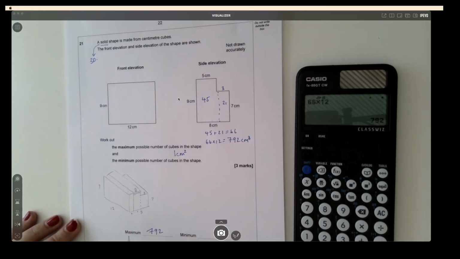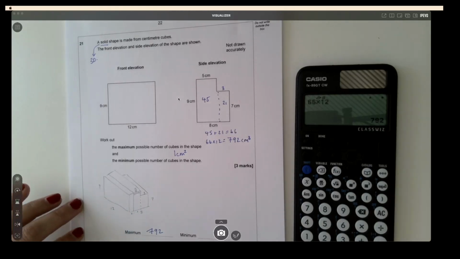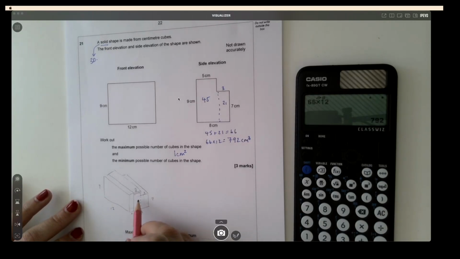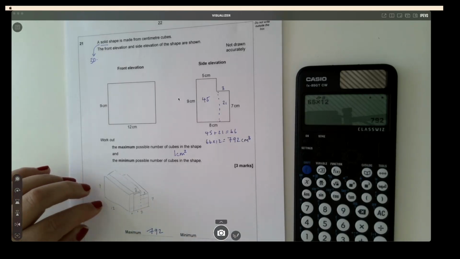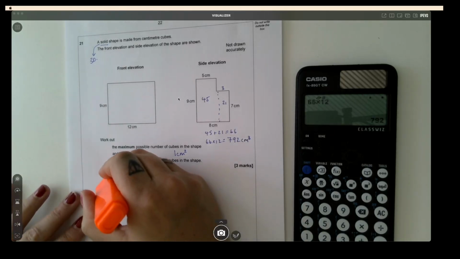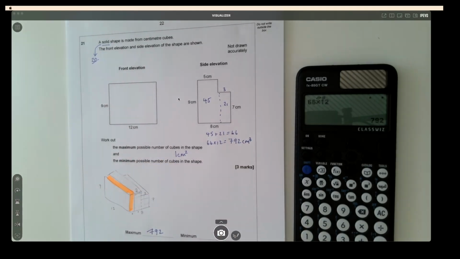Okay, lovely. So I'm just going to work out how many 1 centimetre cubes would be in these 3 sections. And that's just taking into account cubes around the outside of the shape, leaving a hollow part in the middle. So we're going to do this first one. So this part here.